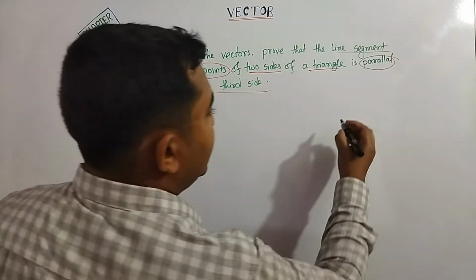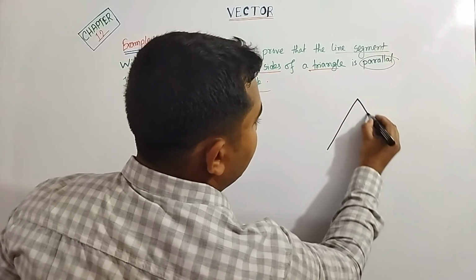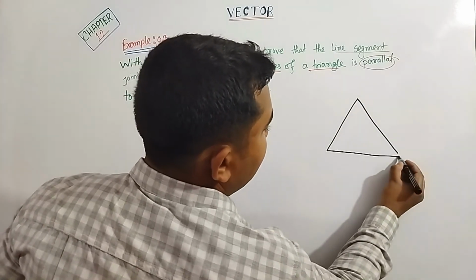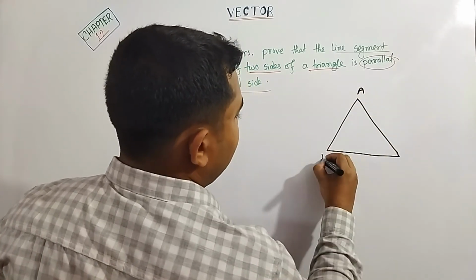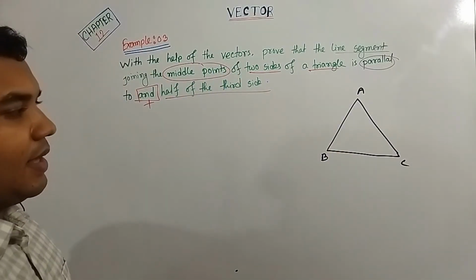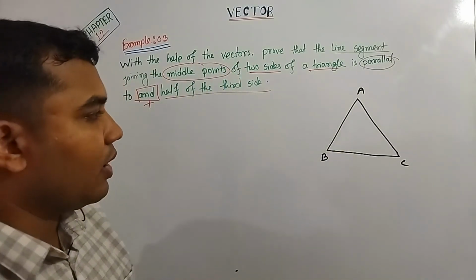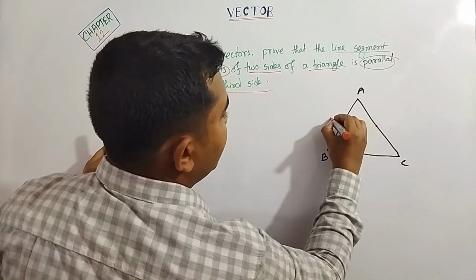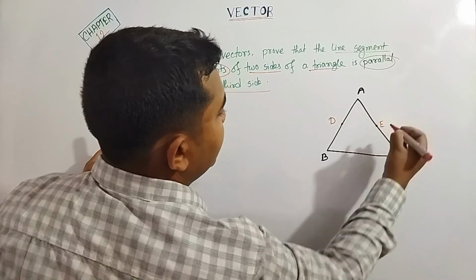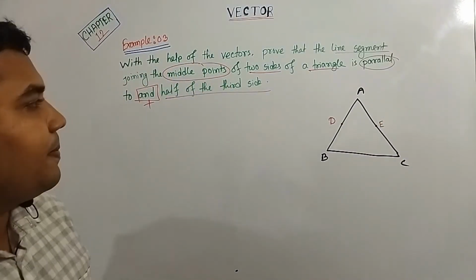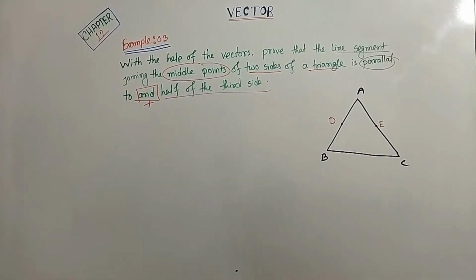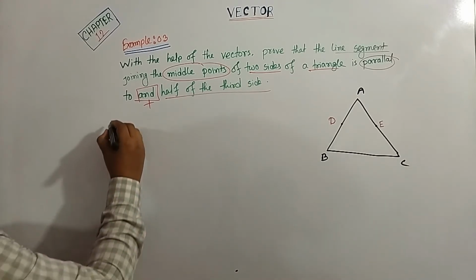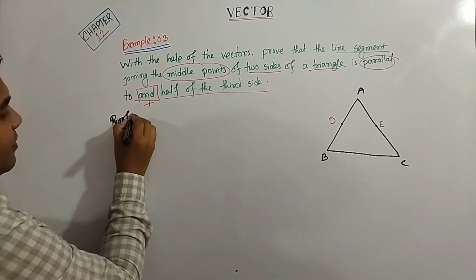Maybe we can think that this is our triangle ABC. In this triangle, let D and E be the midpoints of the sides AB and AC.